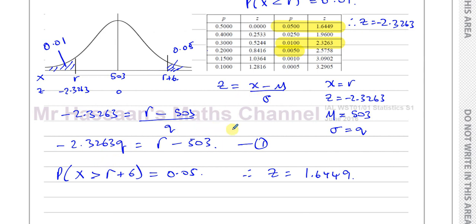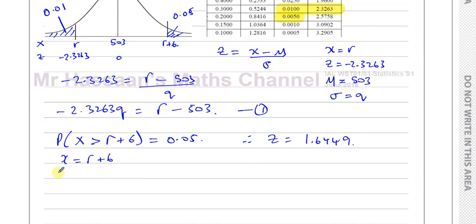So now we can use the same formula. In this case, we have X equals R plus 6, and Z equals 1.6449, and we have mu the same, 503, sigma the same, which is Q. So let's set up another equation.